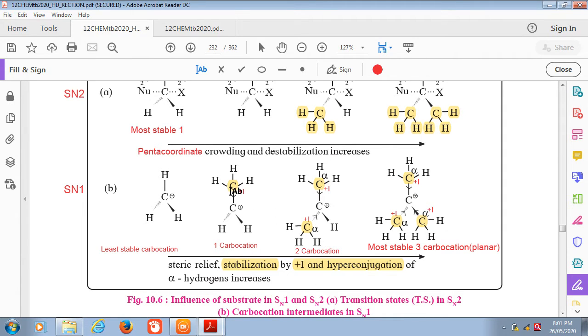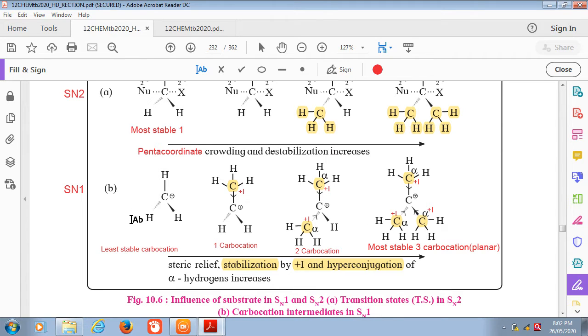Also, a methyl group having 3 C-H sigma bonds helps by hyperconjugating structures. So in ethyl carbocation there is 1 methyl group, so we can write 3 hyperconjugating structures. In isopropyl carbocation there are 6 hyperconjugating structures, and in tertiary butyl carbocation there are 9 hyperconjugating structures. So all these things will stabilize the carbocation.